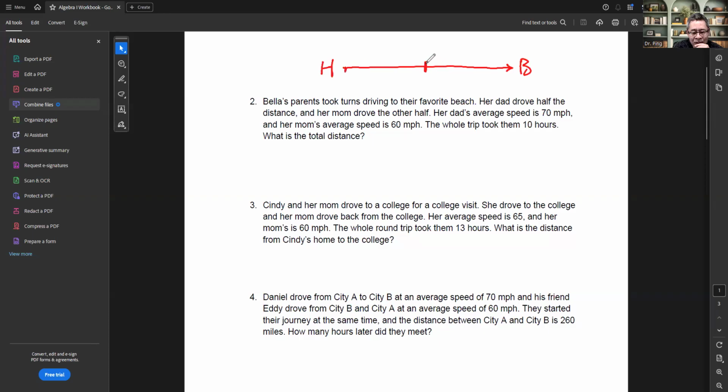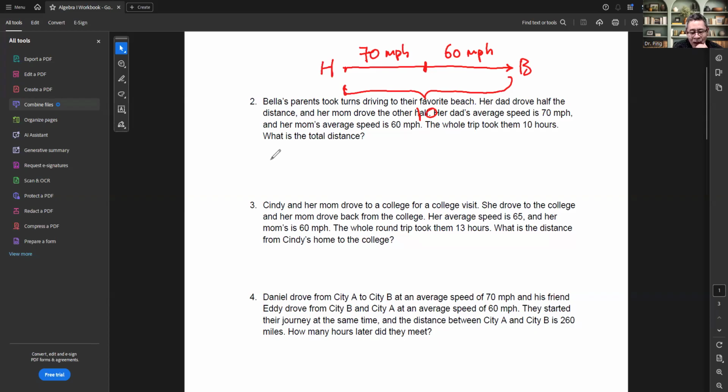So that's where her dad got to, and we know the speed is 70 miles per hour, so this is the given part. And also, this side is 60 miles per hour. And then we know the total time is 10 hours. Okay, so those are given.